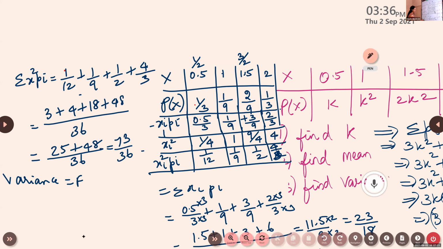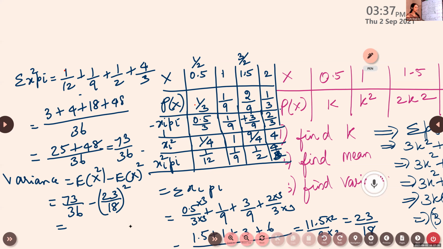What is 23 square? Is it 529 by 18 square? What is 18 square? Then take the LCM, simplify. You'll be able to find what is the variance. Okay, what will be the variance? Complete it. How to find the variance? Check it. Is it okay?